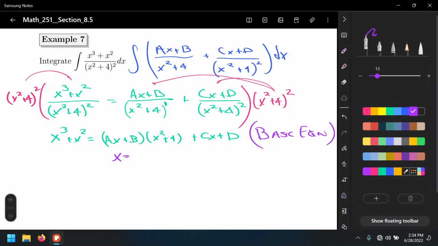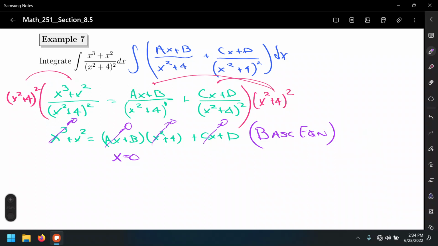For x equals 0, this one goes to 0, that one also goes to 0, that one also goes to 0, and we would be left with b and d. We would be left with one equation and still two unknowns, right? So using the convenient value strategy is not going to work.